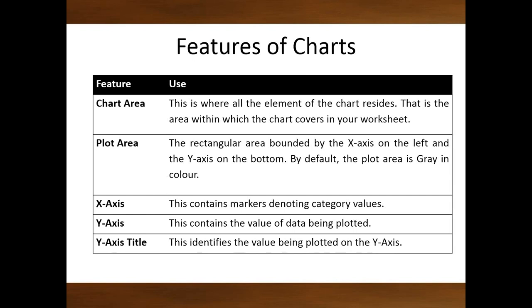And the y-axis contains the value of data being plotted. We can also have the y-axis title, which I said is optional. And this identifies the value being plotted on the y-axis.